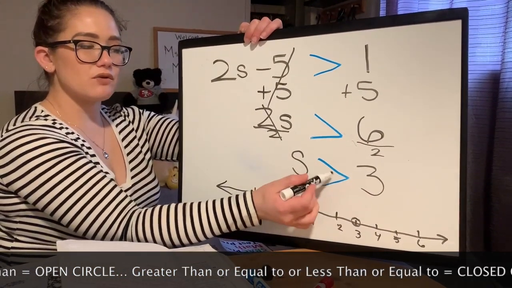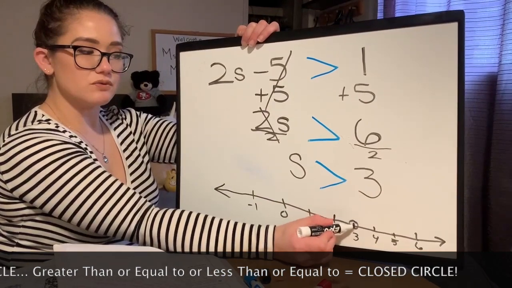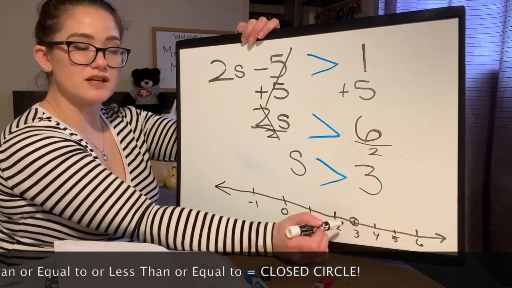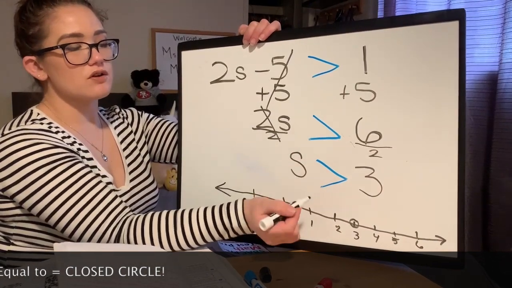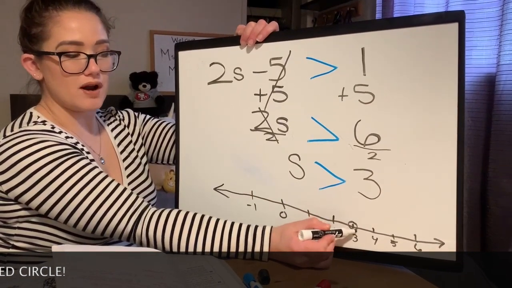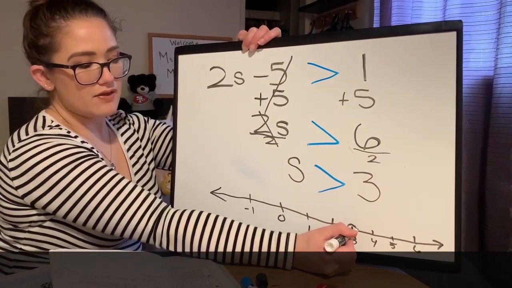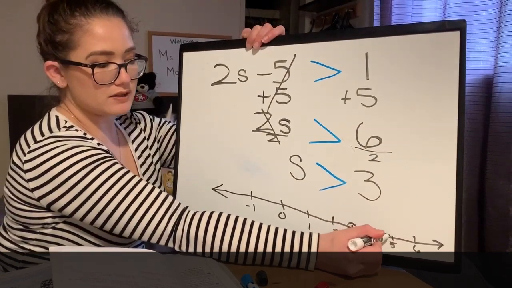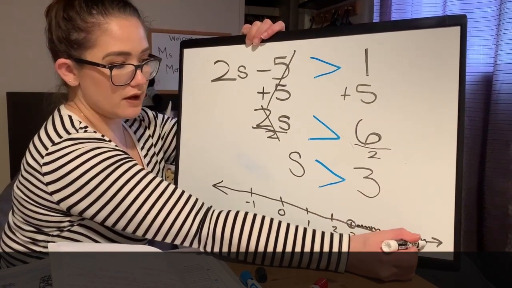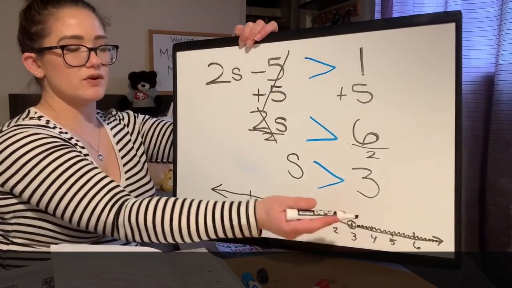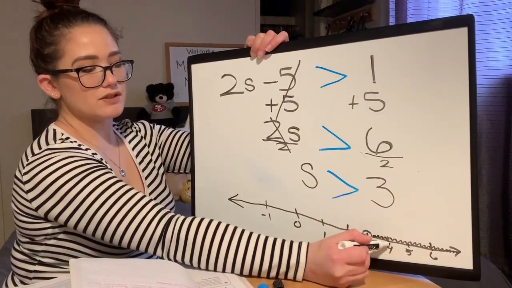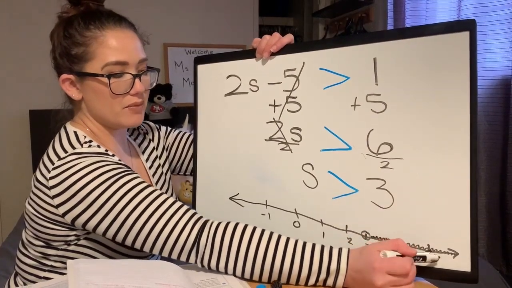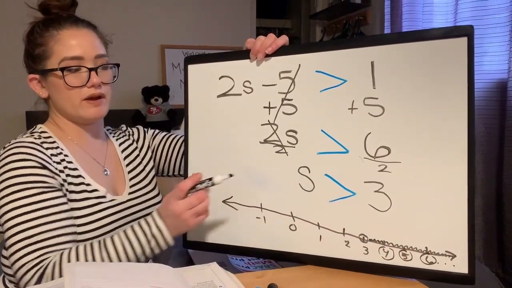If it was greater than or equal to, this would be a closed, filled in circle. But if it's just greater than, I'm just going to mark it where I'm starting, and then filling in the rest of the side that it is. So it's greater than, so of course my numbers are getting bigger. So that means my solution can be any number and ongoing.